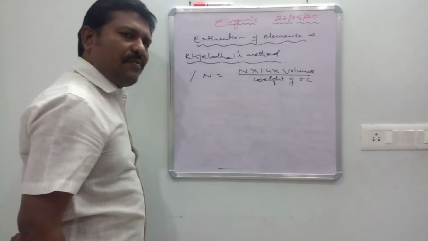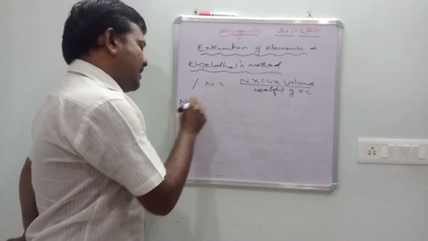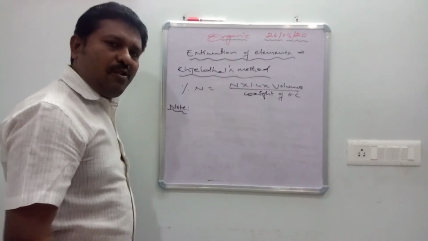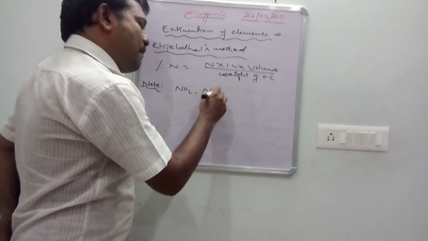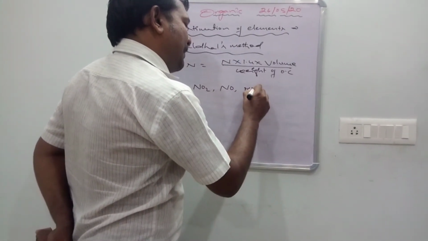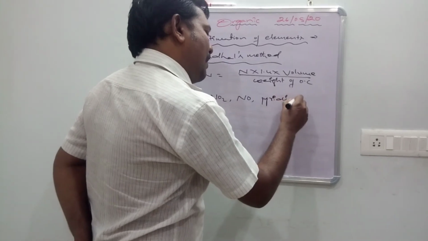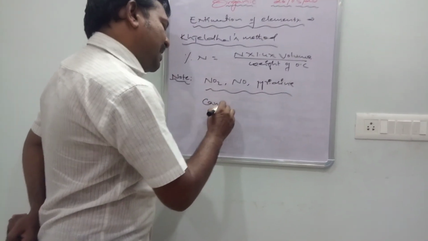That is percentage of nitrogen. An important note is that the method is not applicable for all compounds. In nitro compounds NO2, nitroso compounds NO, and nitrogen-containing cyclic compounds like pyridine, nitrogen cannot be estimated.